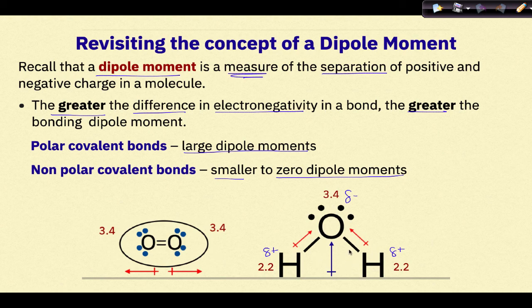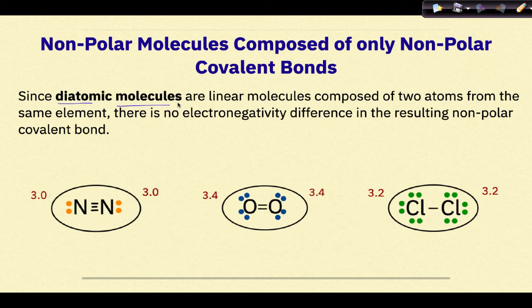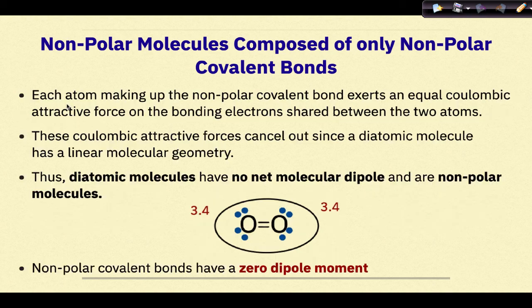Since diatomic molecules are linear molecules composed of two atoms from the same element, there is no electronegativity difference in the resulting nonpolar covalent bond. As we can see in all of these models below, they all have the same electronegativity values. Each atom making up the nonpolar covalent bond exerts an equal coulombic attractive force on the bonding electrons shared between the two atoms.